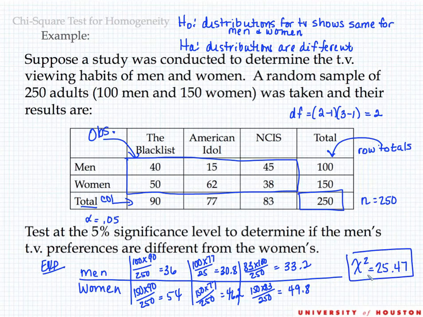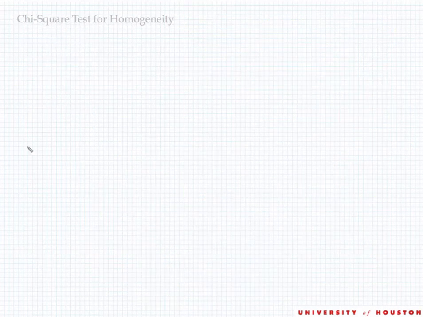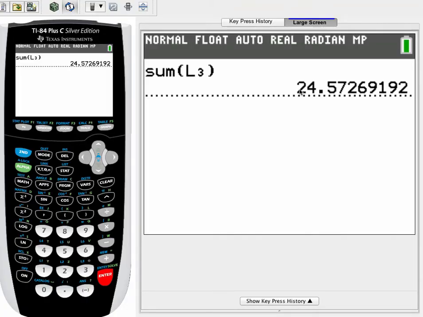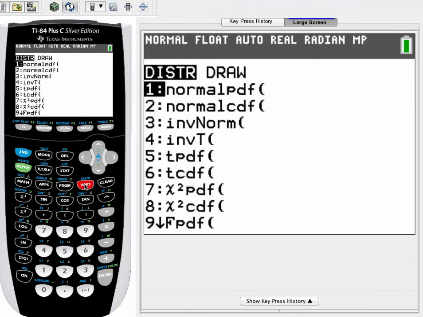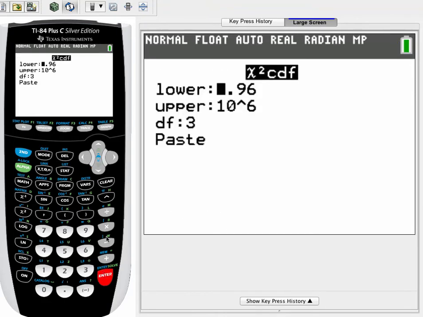Now we need to get our p-value. Remember we said our degrees of freedom is 2. So once again, here's my test statistic, and I can actually do a copy paste here. Let's go to our chi-squared CDF, second variables for our distribution. Scroll down to chi-squared CDF, and in that, my lower bound will be the value I just computed.